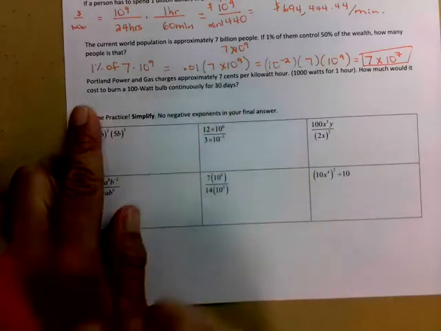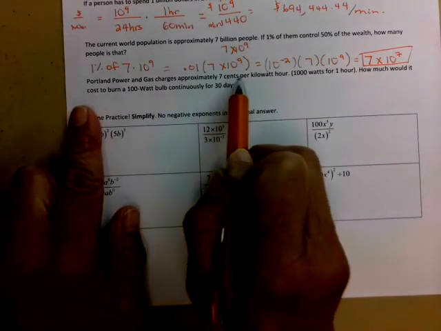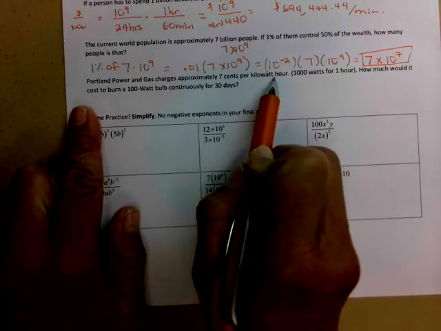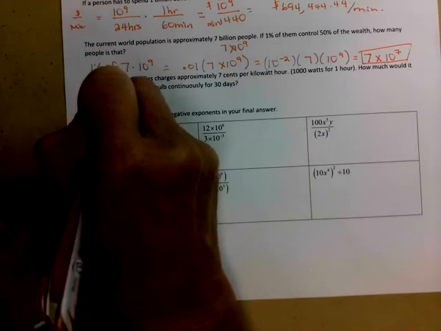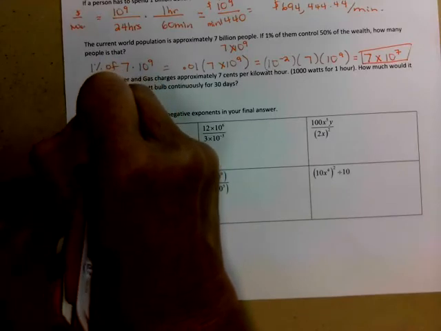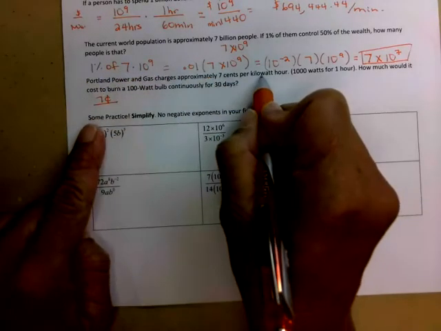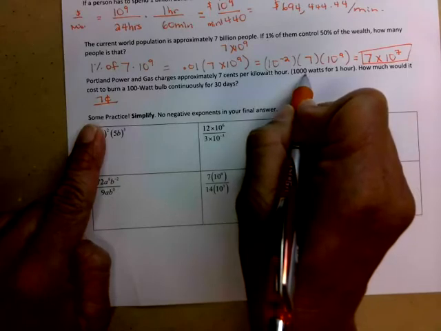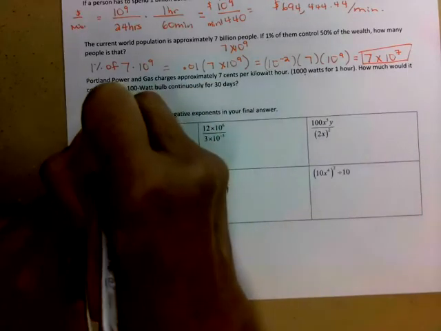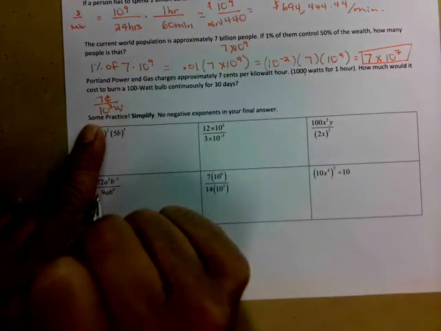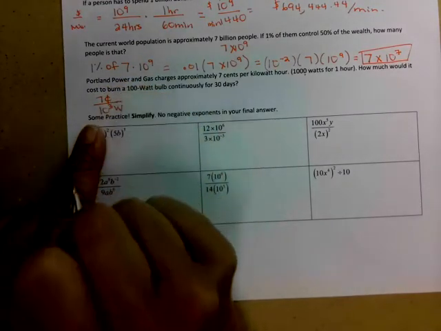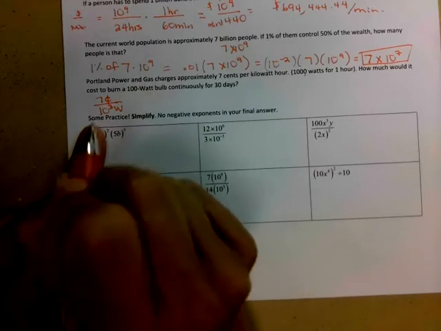And what we do know is that it's 7 cents per kilowatt hour. So let's write that part down. So 7 cents per kilowatt, and a kilowatt is 1,000 watts, or 10 to the 3rd watts, for 1 hour.